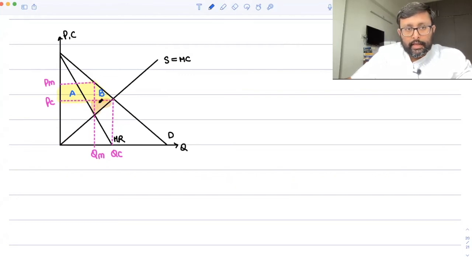This area is available now because the society is working with a competitive firm, not with the monopolist. You getting the point?